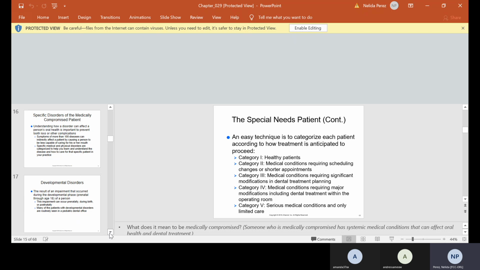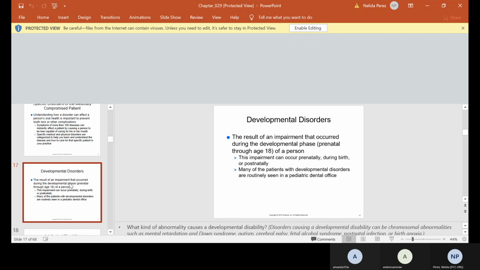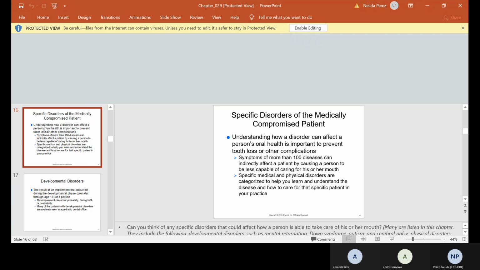So, what does it mean by medically compromised? It means that they have systemic medical conditions that can affect oral health and dental treatment. Understanding how a disorder can affect a person's oral health is important to prevent tooth loss or other complications.